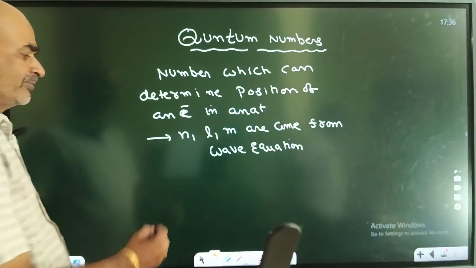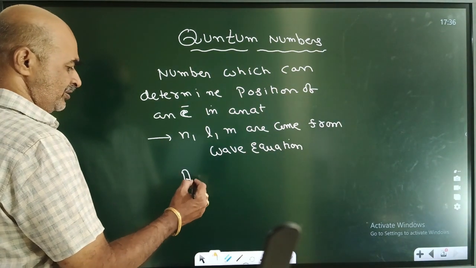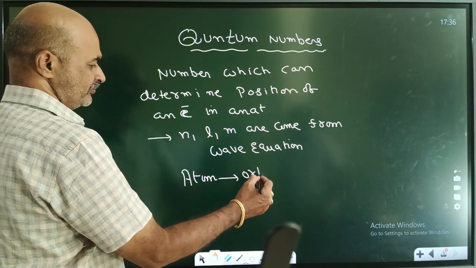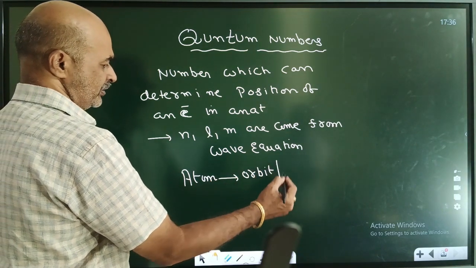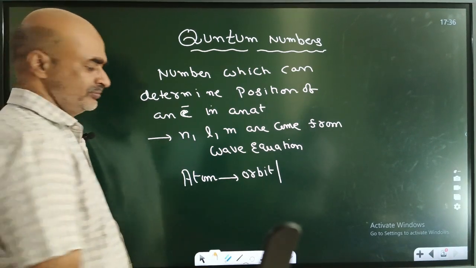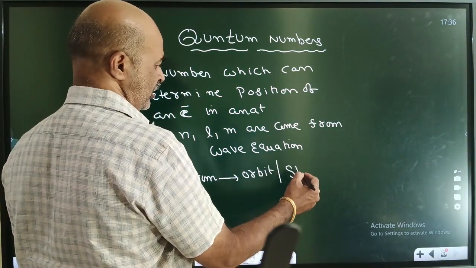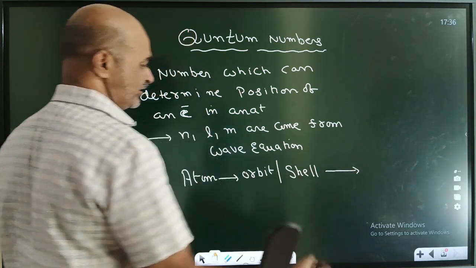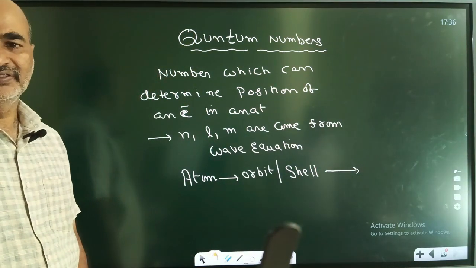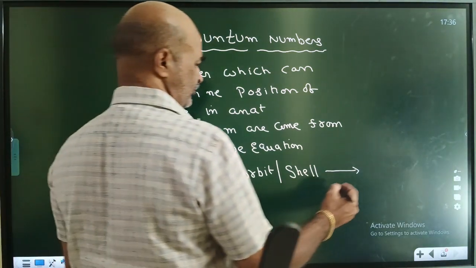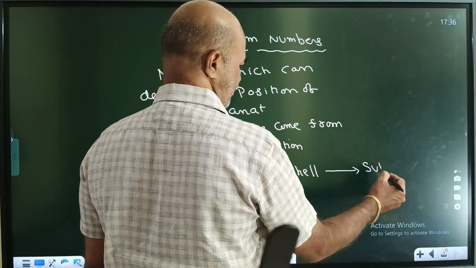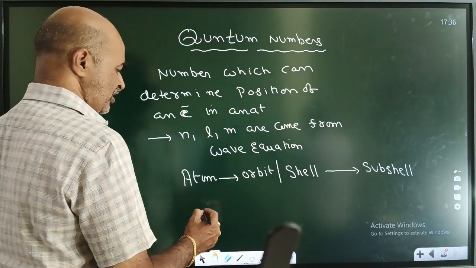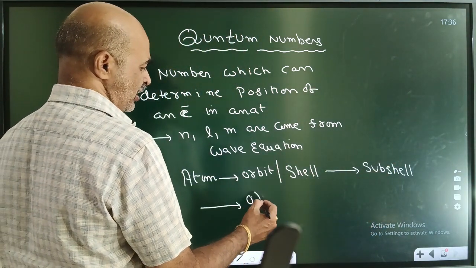An atom contains orbits or shells. A shell contains subshells. Subshells contain orbitals.